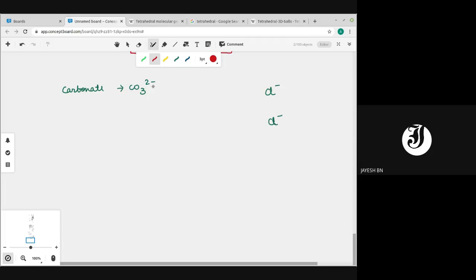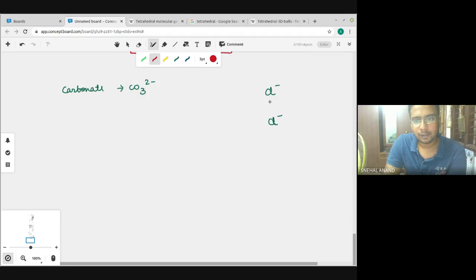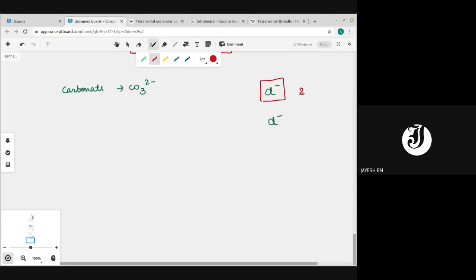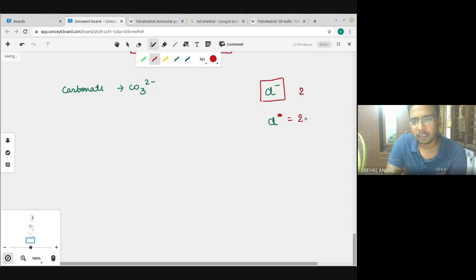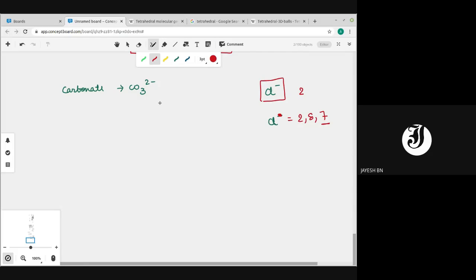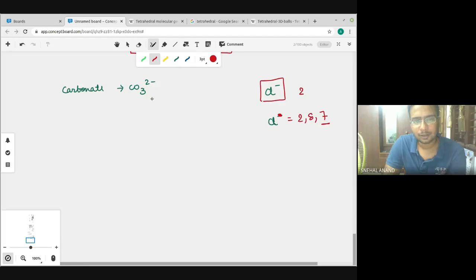2 electrons. Okay. You know why this chlorine took 1 electron? Yes, sir. Chlorine electronic configuration was 2, 8, 7. So it needed 1. But do you know why this carbonate took 2 electrons? No, sir. See, what I was guessing, this oxygen.